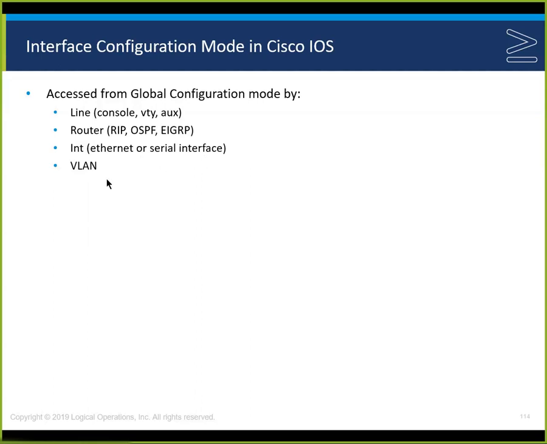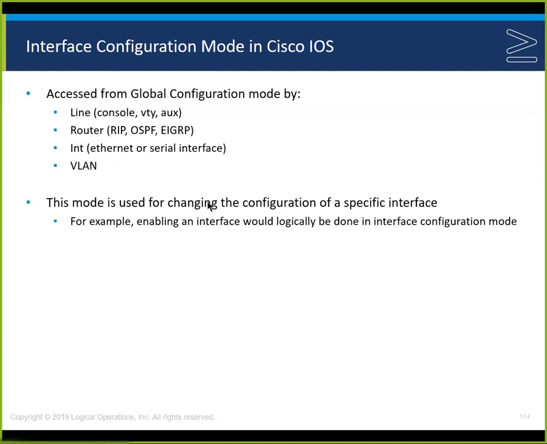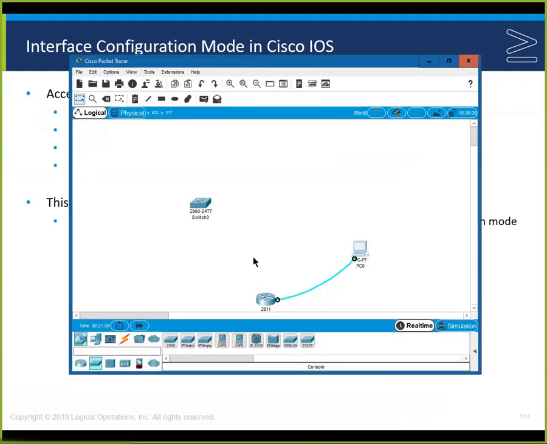The interface Ethernet or serial, we did that. We could also use the interface VLAN in order to be able to configure these things. Changing the configuration for a specific device, enabling interface on an interface configuration mode. And maybe we should do one just to see that, yes, we can do these things.